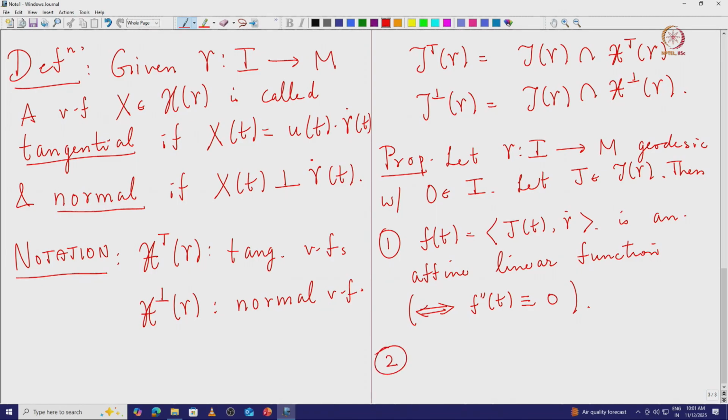The second point is that J is a normal Jacobi field if and only if J of 0 and J prime of 0 are perpendicular to gamma dot at 0.